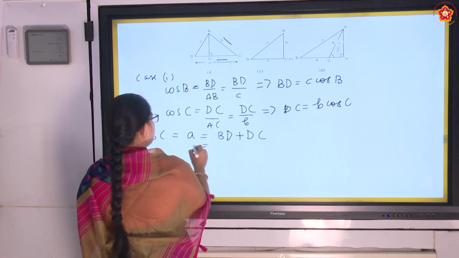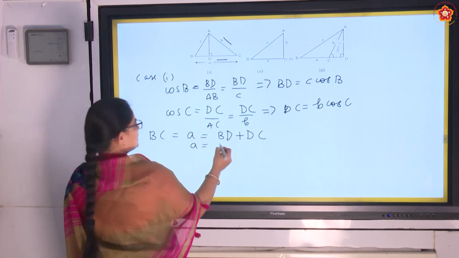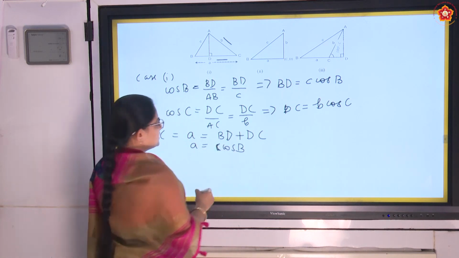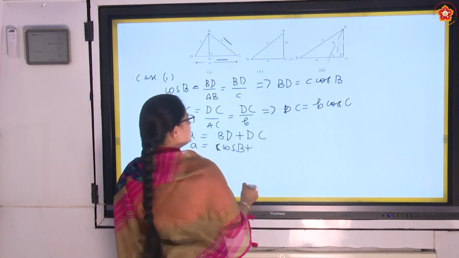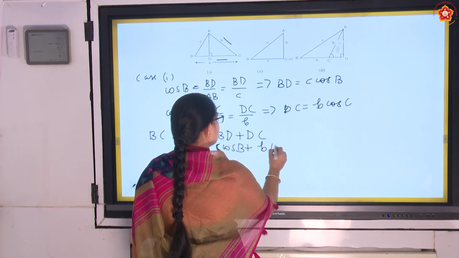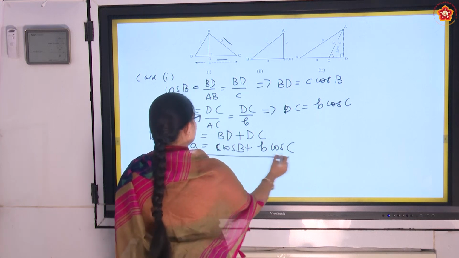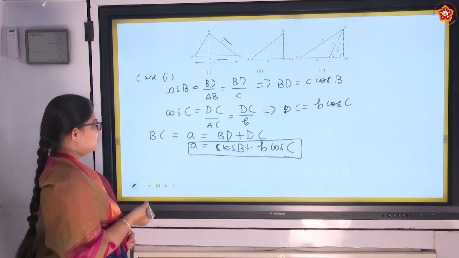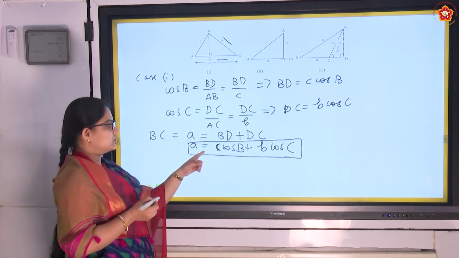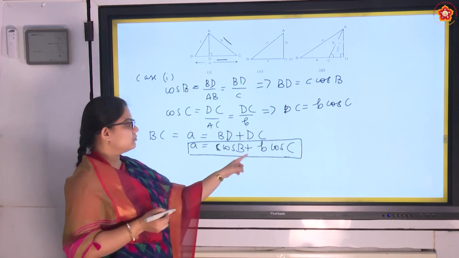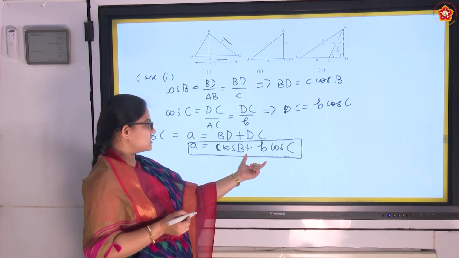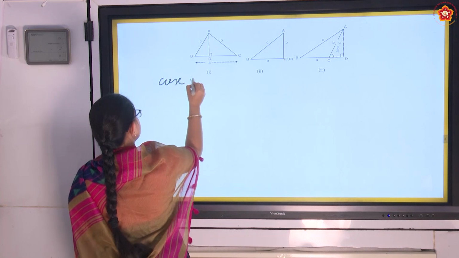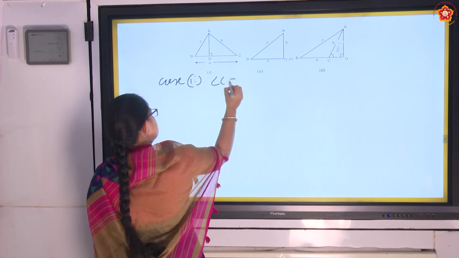We know BD is c cos B, and DC is b cos C. So in case 1, we have proved the projection formula for a, that is a is equal to c cos B plus b cos C, or else we can say b cos C plus c cos B. Now, in case 2, angle C is 90 degrees.